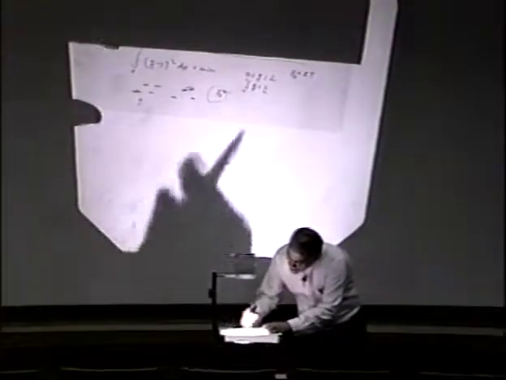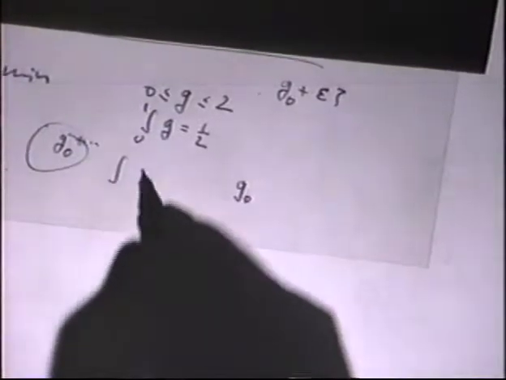But suppose that I do the following. If G0 is a minimum, then it minimizes G minus 1 squared, right? Let me add to it something. Suppose G0 is a minimum. So it minimizes G minus 1 squared.